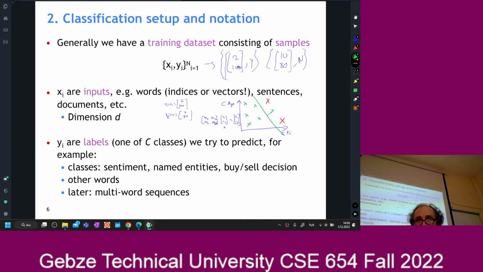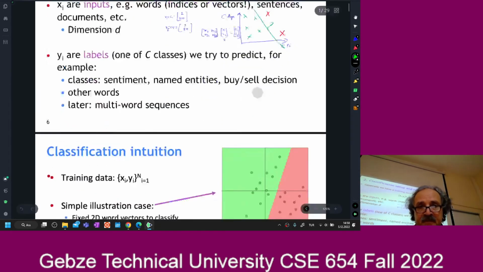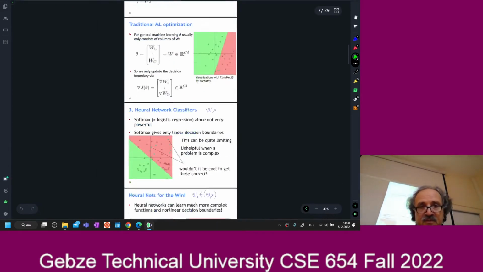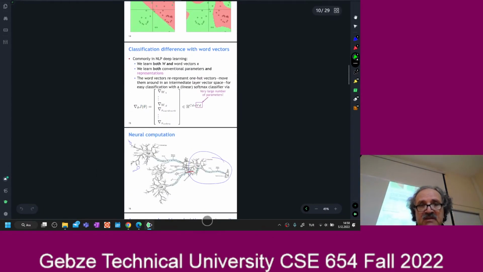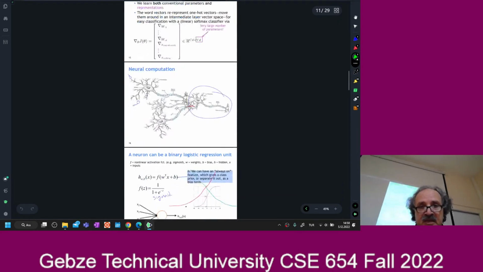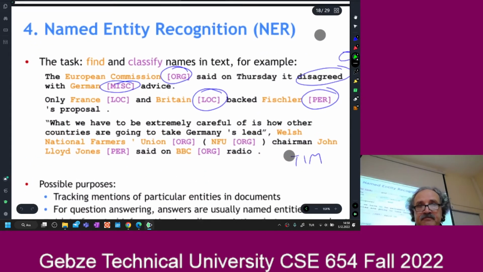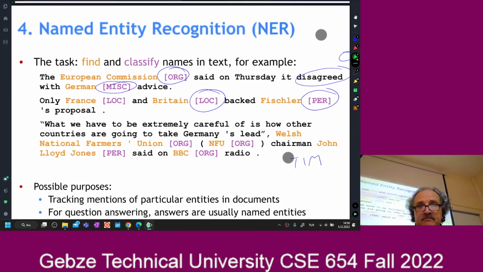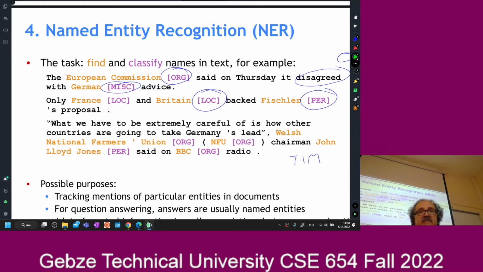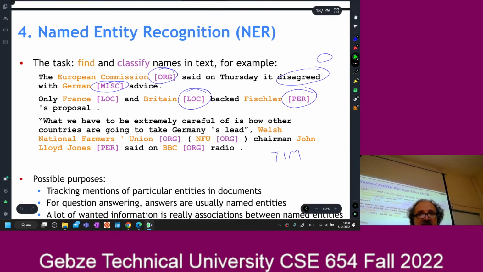But today, in today's lecture, I am going to give you this named entity recognition problem. We talked about that before. Named entity recognition is defined like this: the task is to find and classify names in text.